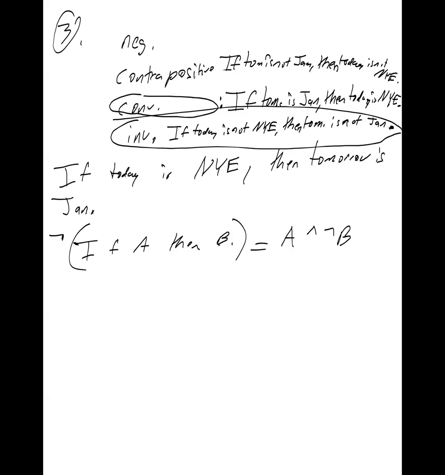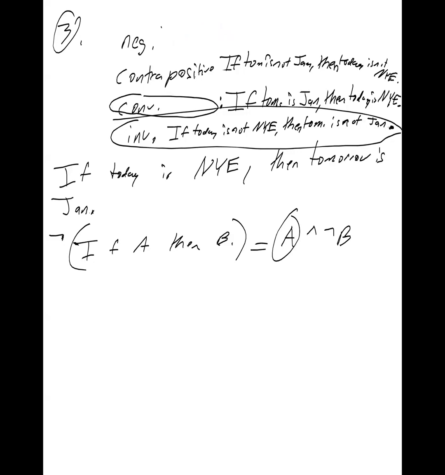So the negation of the statement, if today is New Year's Eve, then tomorrow is January, would be: today is New Year's Eve, and, not then, and, right? And by the way, you don't need the if either. The negation of an if statement is not an if statement, remember. It's an and statement.